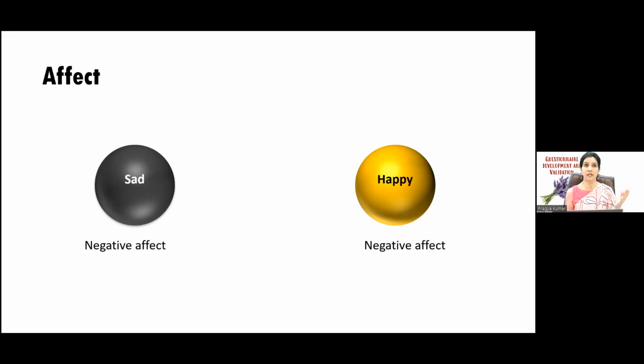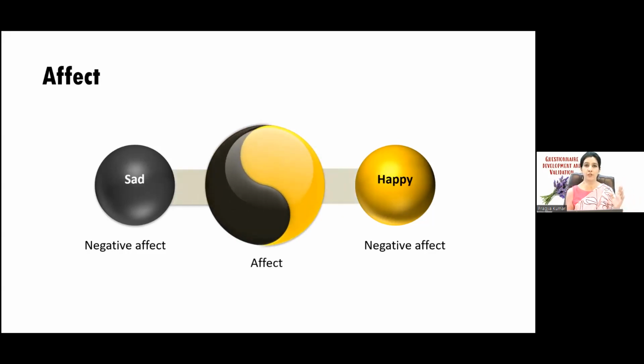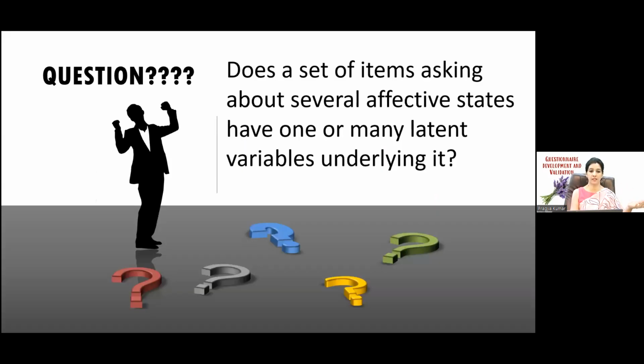So any latent variable which you have may have more than one dimension. It is not necessary. And this factor analysis helps you to understand whether it is one-dimensional or multi-dimensional. And that's how there is a need to do this factor analysis.